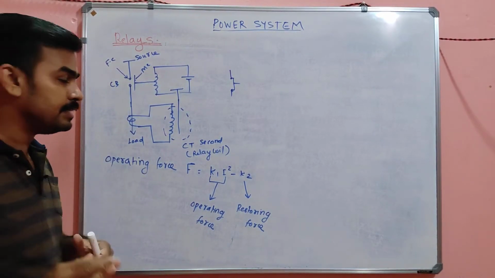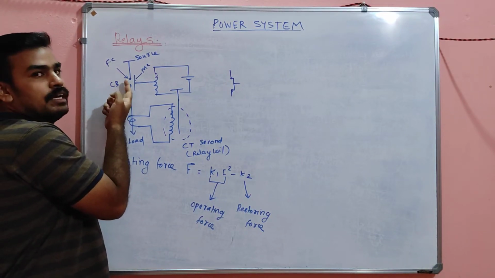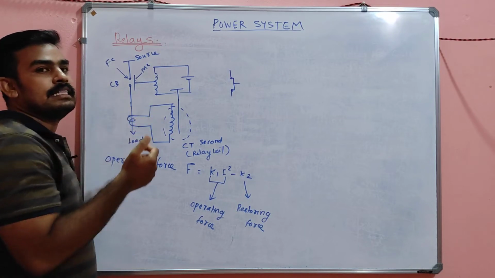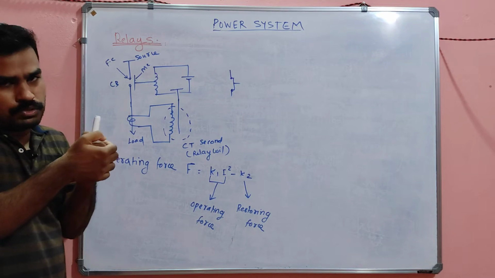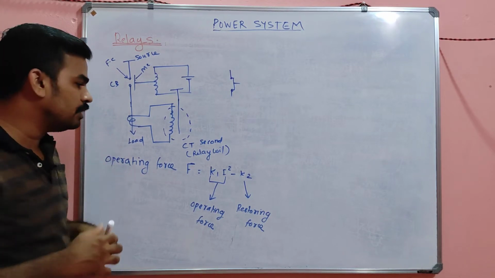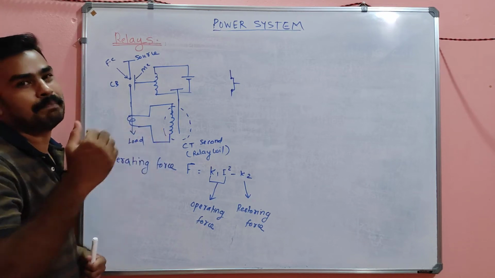Under normal operating condition, to hold the moving coil against the fixed coil, there should be a torque or force. That force is actually provided by a spring.